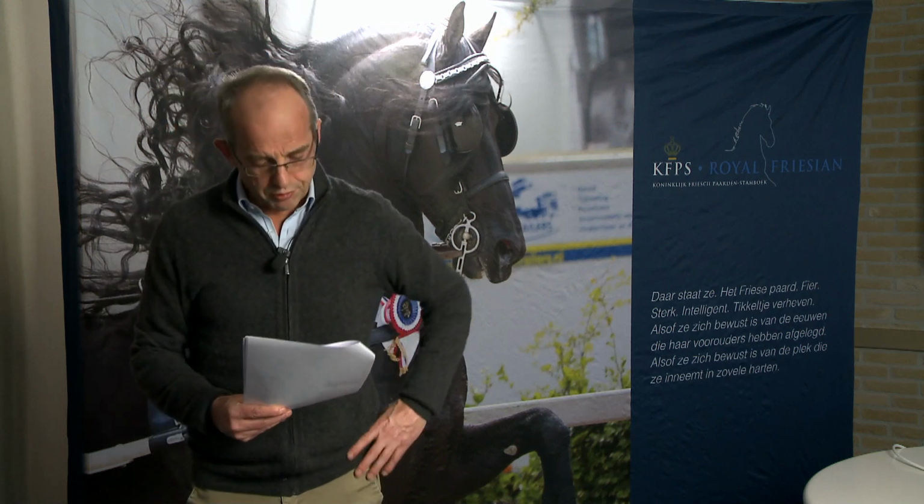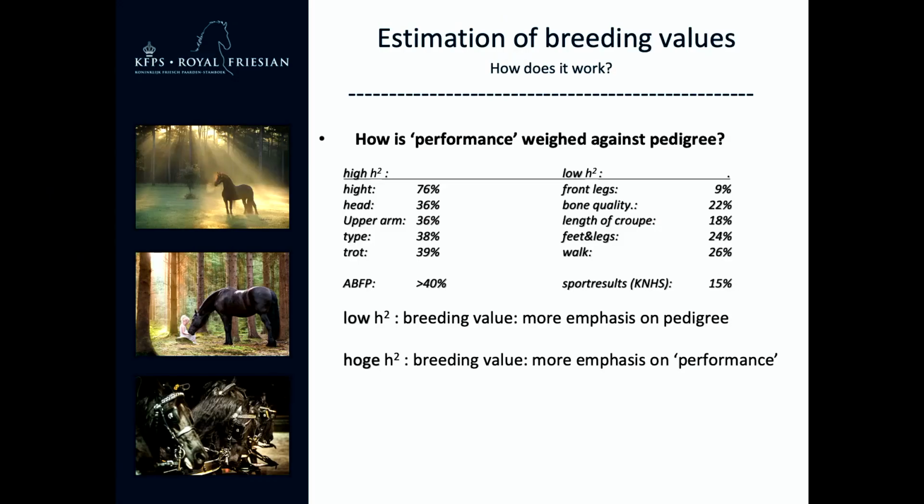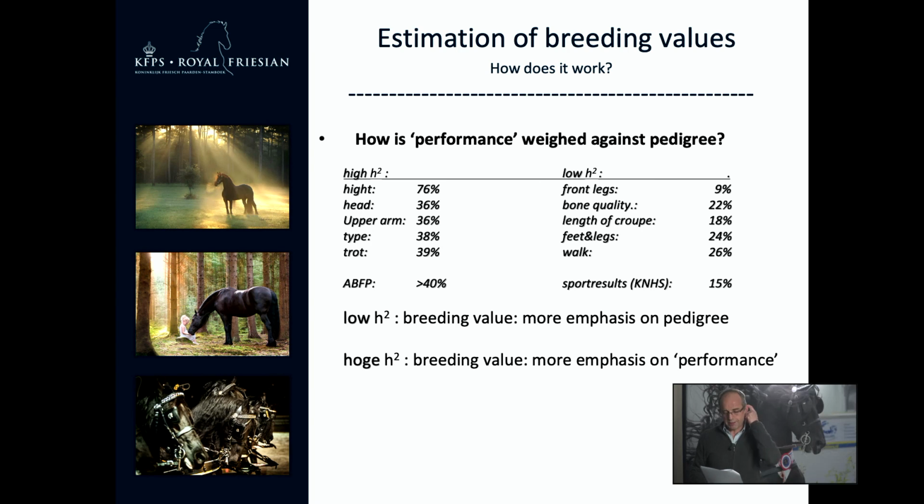So if we look at traits that have a high heritability, I think the most important one is height at withers. You see that height at withers is hardly influenced by the environment.